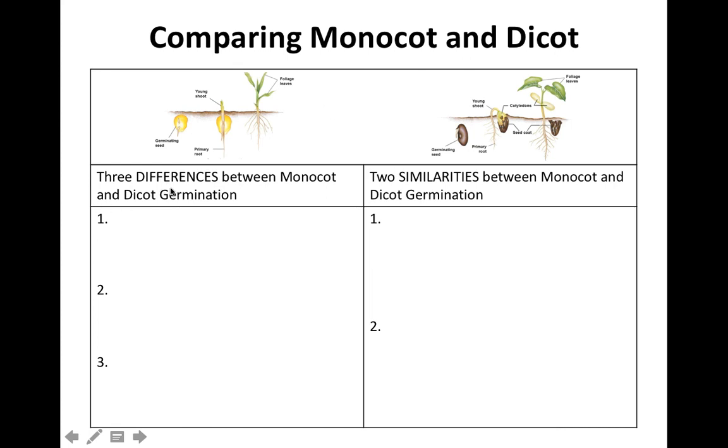Okay, 3 differences, you can list them here, and 2 similarities between the two, you can list them here. If you don't have a ton of room here, that's totally fine. You can just write these on the notebook page that these notes are taped onto. You're going to fill this in to finish up your notes, and we're done. Okay, thanks.